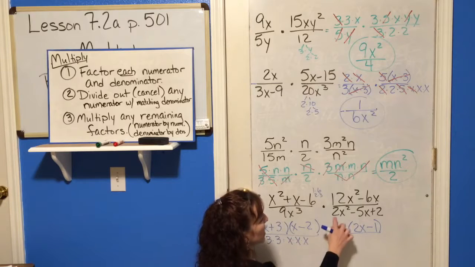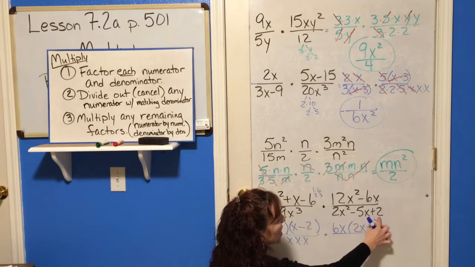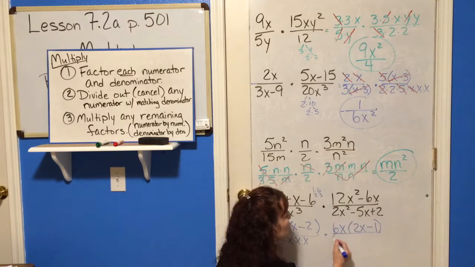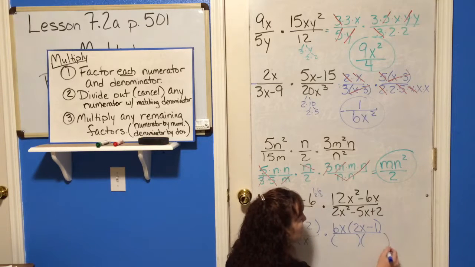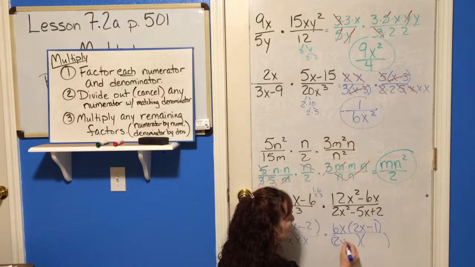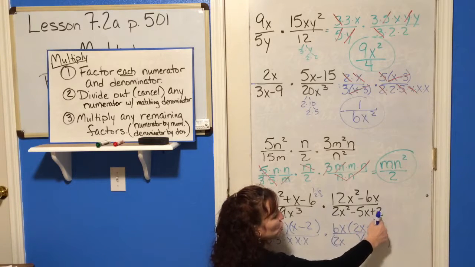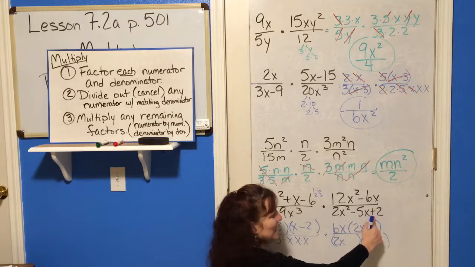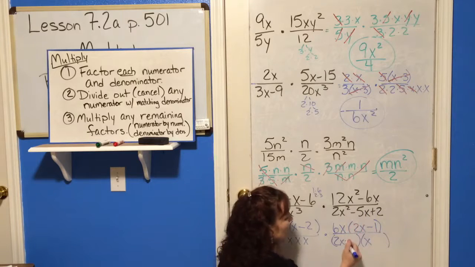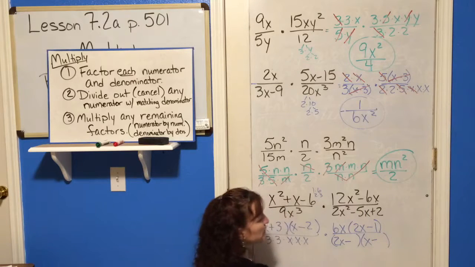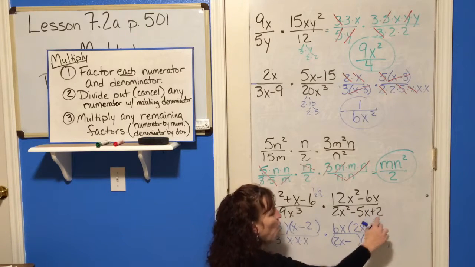Now, let's see. 2x, 5, and 2, nope, nothing in common, so we have to do two binomials. 2 is just 2 times 1, so 2x times x is 2x squared. And 2, let's see, the signs are going to be the same, but the signs have to be negative, so 2 negative signs. And I need a 2 and a 1.